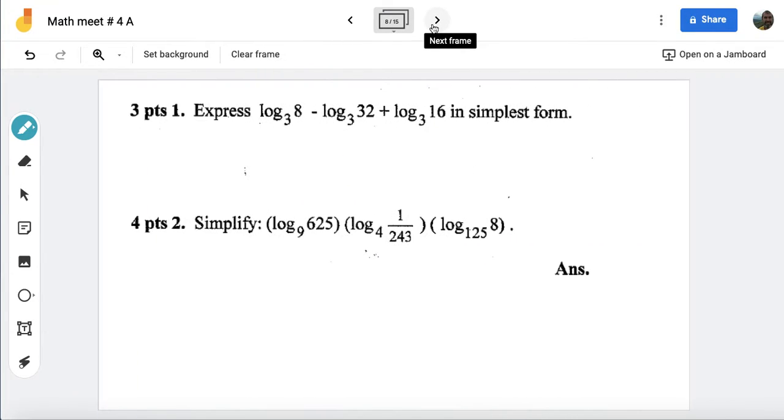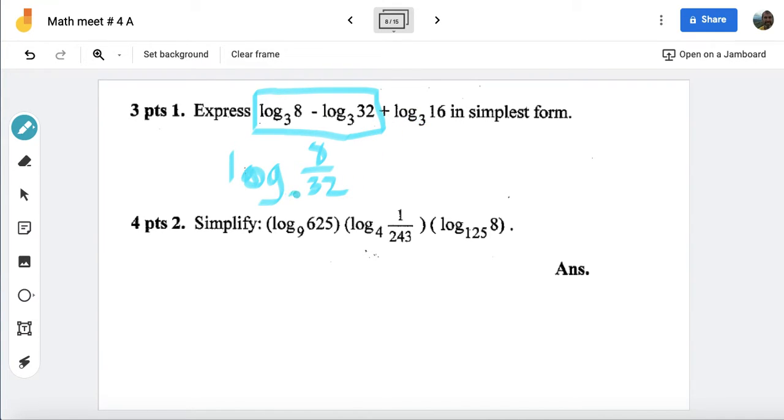All right, let's try some out. Expressing this in simplest form. These have the same base. So I know I can write it as a division problem. Log, whoops, gotta learn how to spell log. Log of 8 over 32 plus log base 3, oh sorry, there's supposed to be a 3 here.